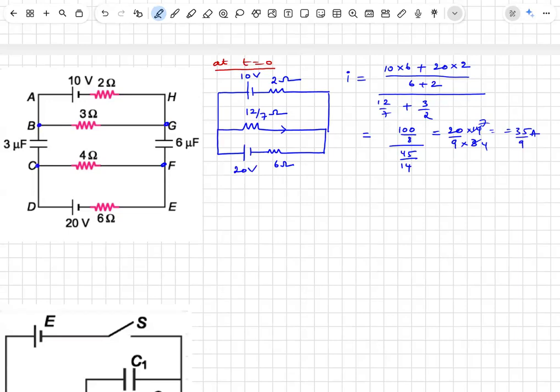Okay. Once charging is done and a steady state is reached, what happens? So what is happening over here? The above circuit works differently. The below circuit works differently.